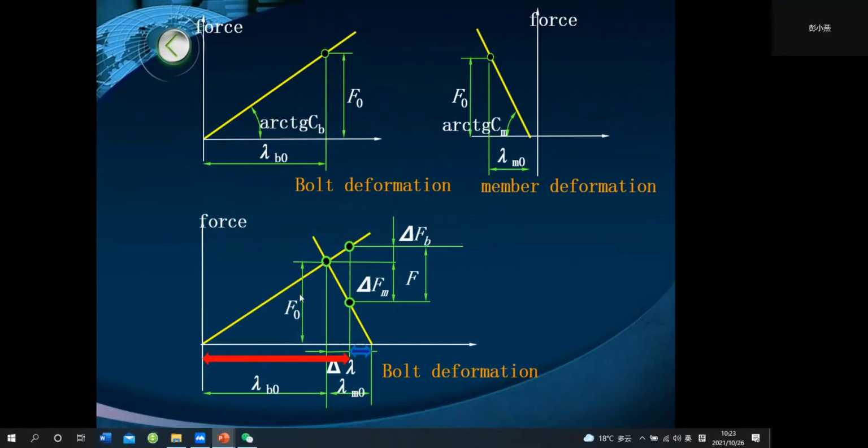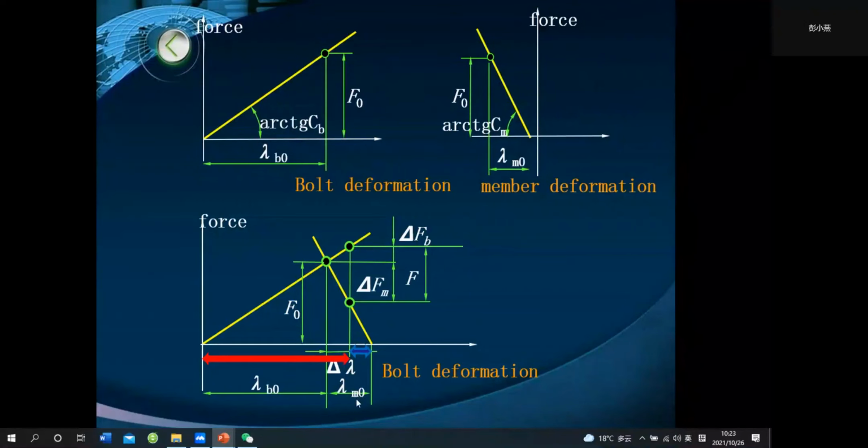It's the preload F0 plus the delta Fb. And for the members, the deformation caused by preload is lambda M0.